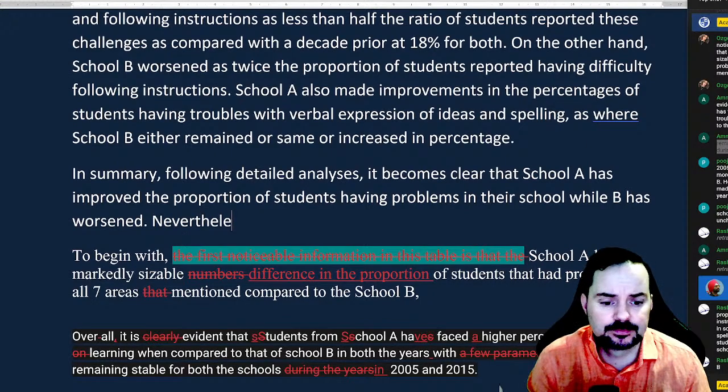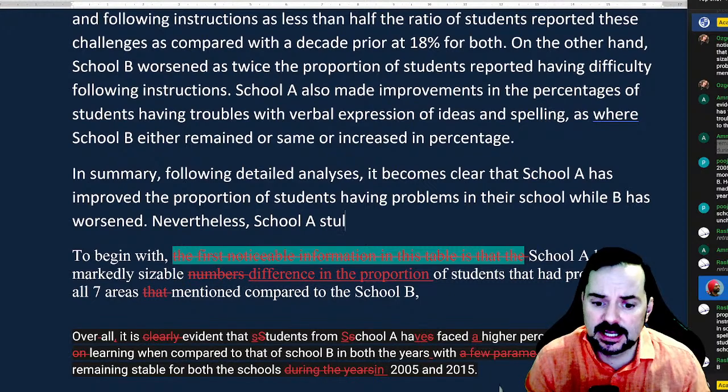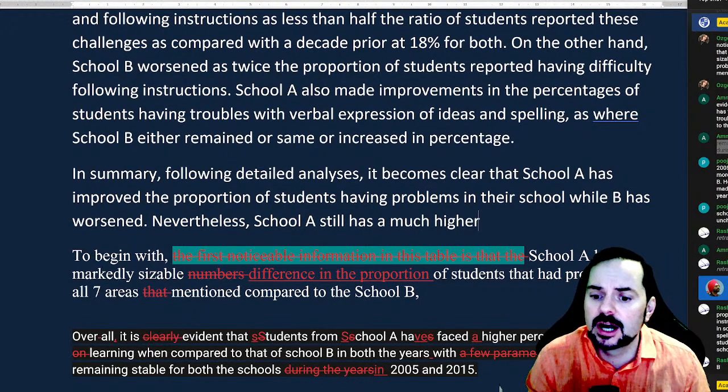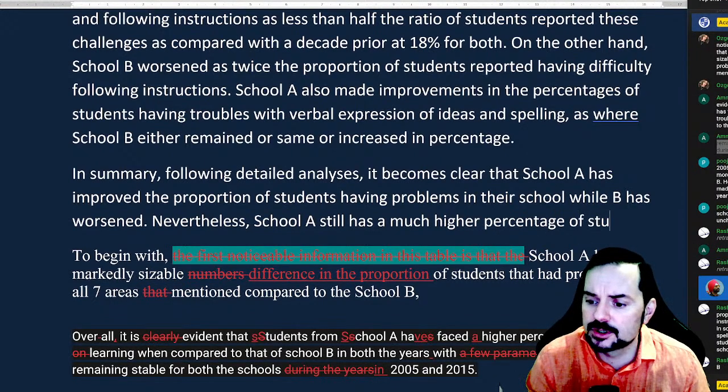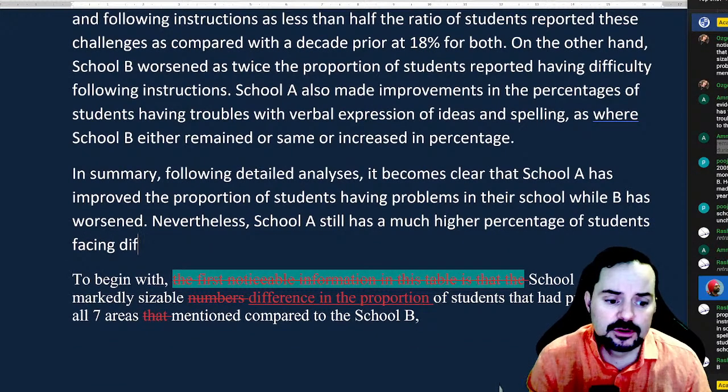Nevertheless, school A still has a much higher percentage of students facing difficulties, right?